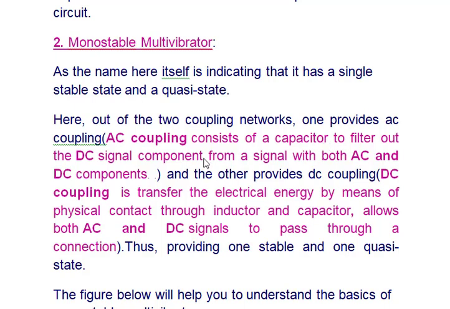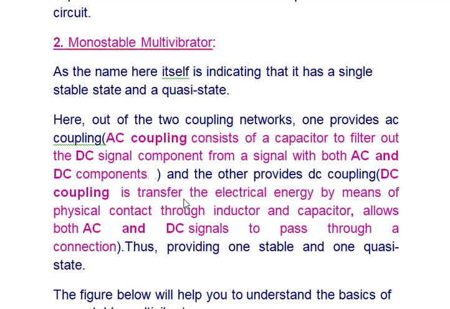It filters out the DC signal component from a signal with both AC and DC components. The signal generally consists of both DC and AC components. In AC coupling, the capacitor filters the DC signal and allows the AC only.